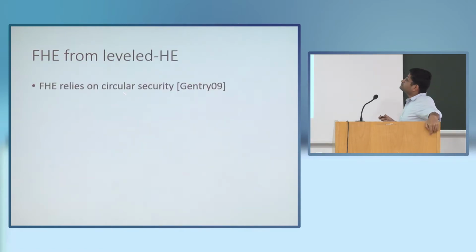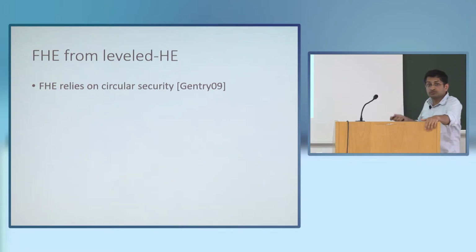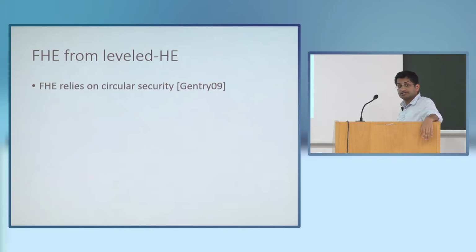So specifically, fully homomorphic encryption from leveled homomorphic encryption, as I mentioned on the first slide. So FHE seems to rely on circular security. The bootstrapping step relies on circular security.